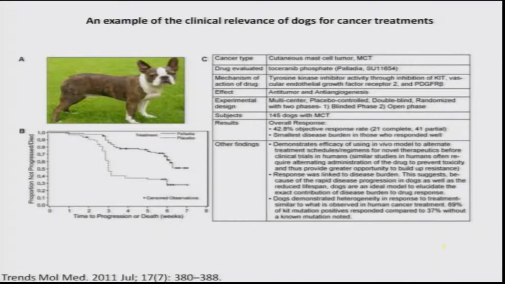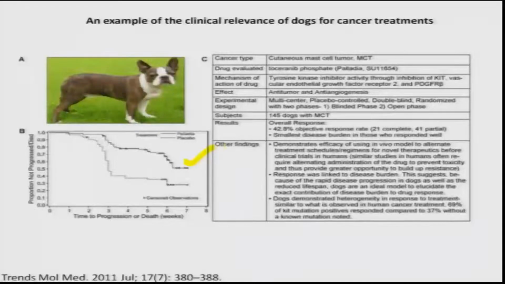And there are also examples of what is called clinical relevance of dog for cancer treatment, because they spontaneously develop cancers. Now we can try out different chemicals, therapeutics, to see how effective they are in controlling the cancer. So you can see here, this is treated with a given drug, and what is shown here is survival, right.